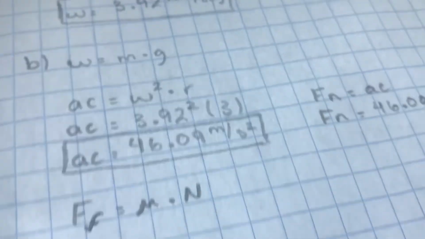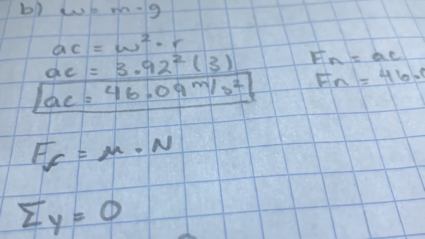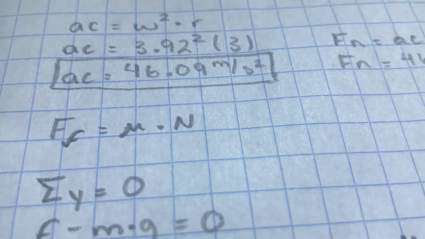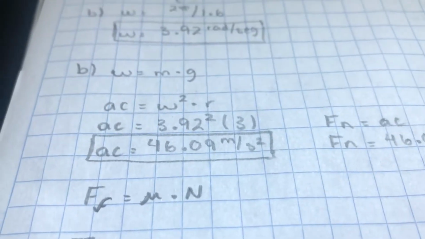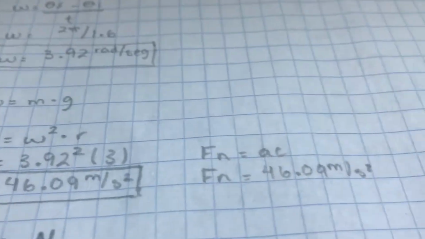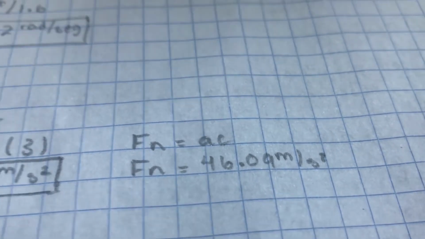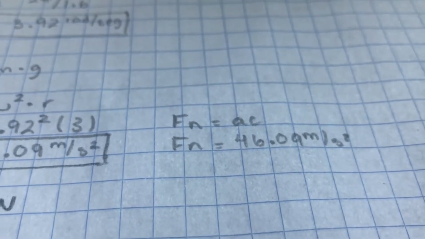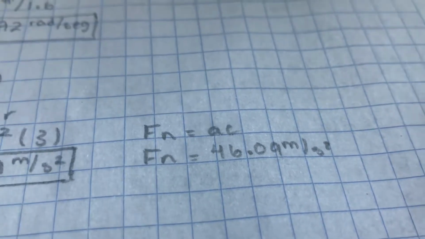Okay. Then we go to the friction force, which is the coefficient of friction times the normal force. As we see in this problem, the normal force is the centripetal one, because that is the reason the person doesn't fall.